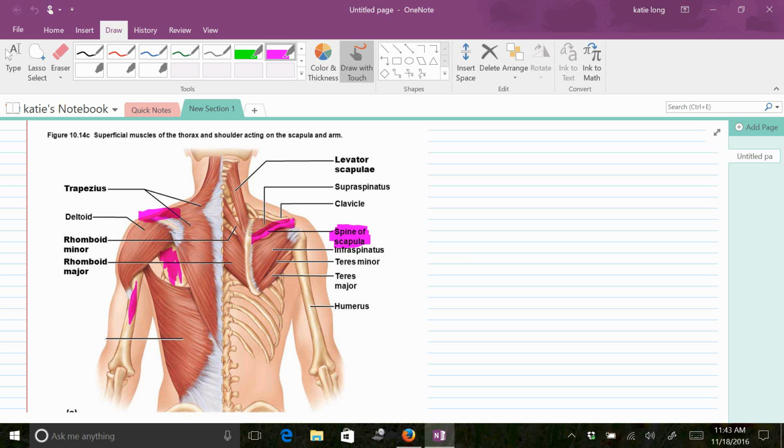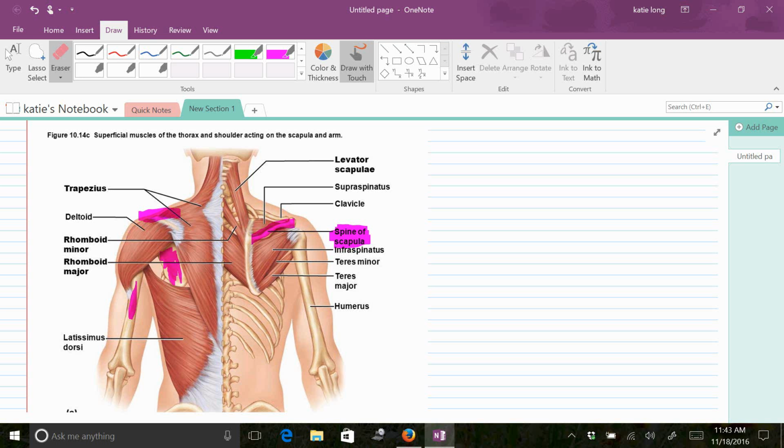Okay, so the last one that we're going to label on this image is going to be the latissimus dorsi, right here. The latissimus dorsi inserts on the humerus, and it has various actions.